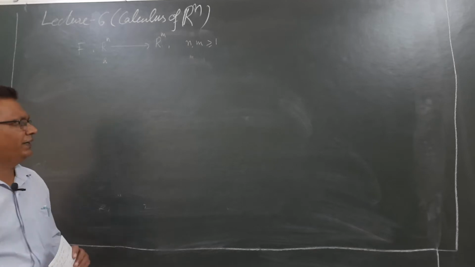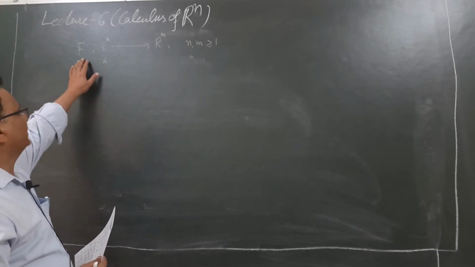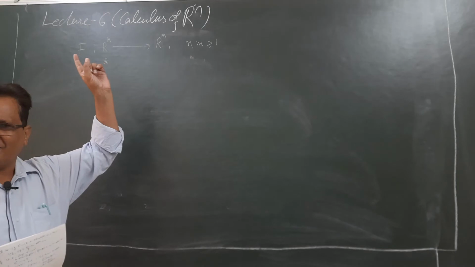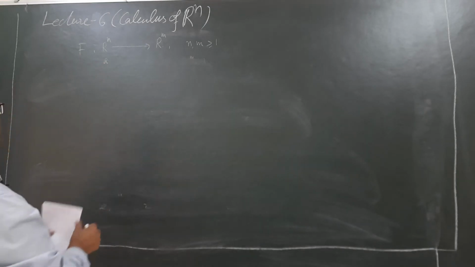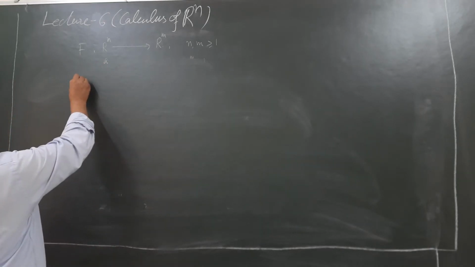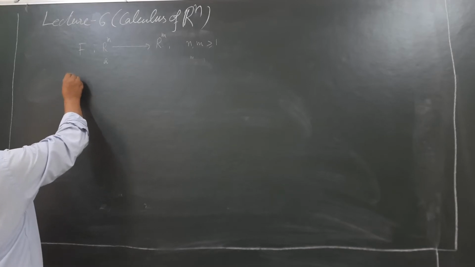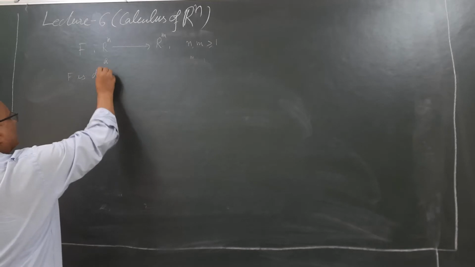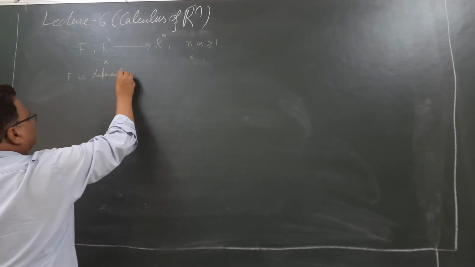Now keep in mind the differentiability for function f is the Taylor series. So we write down the differentiability of f. If f is differentiable, this will be the meaning all the time.